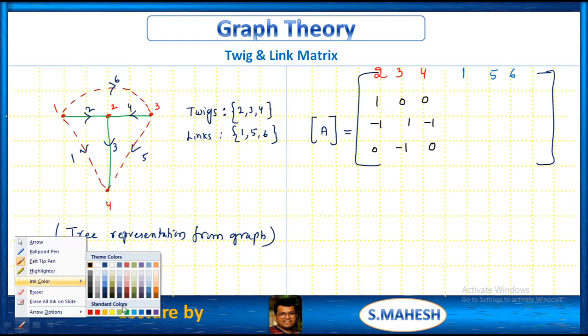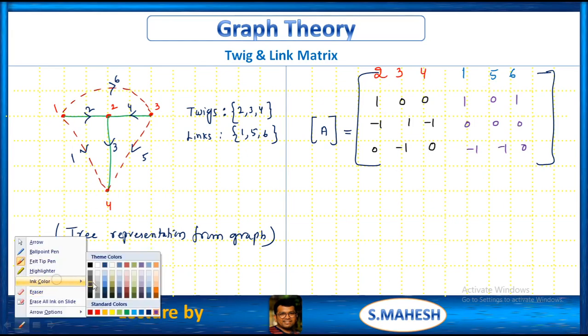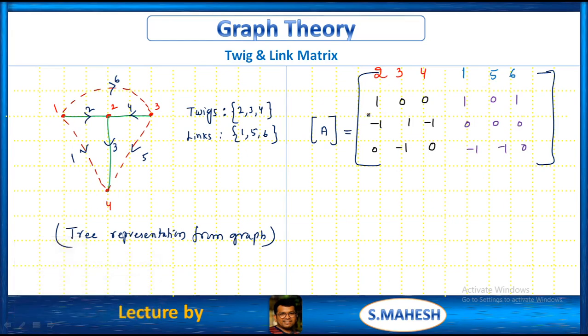Let us consider 1 0 1, 0 0 0, minus 1 minus 1 0. That's it. This is the twig and link matrix representation.